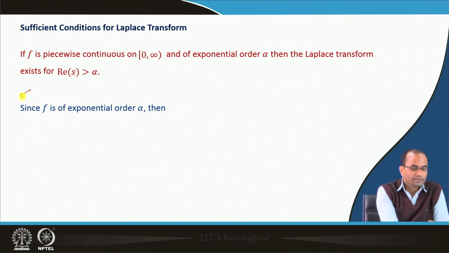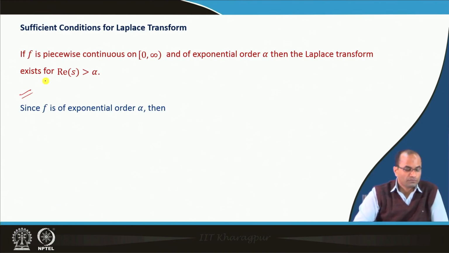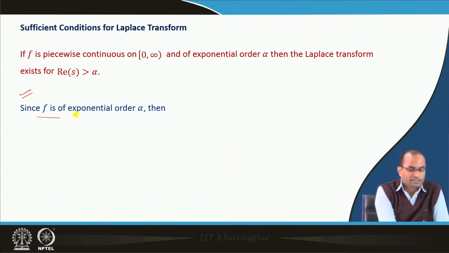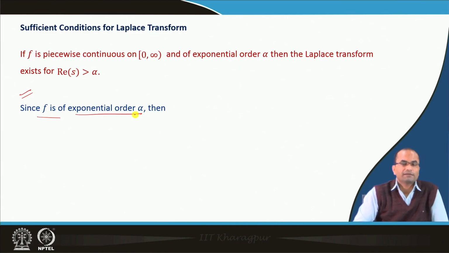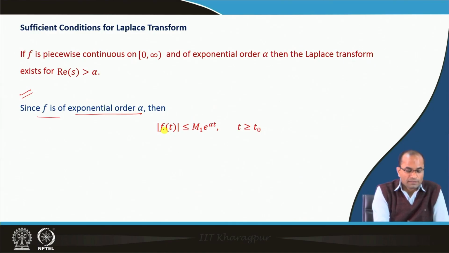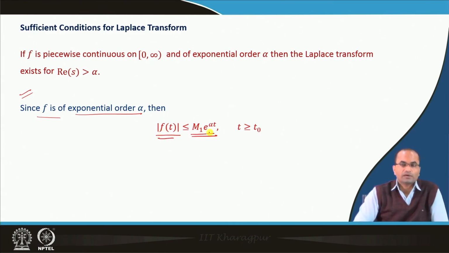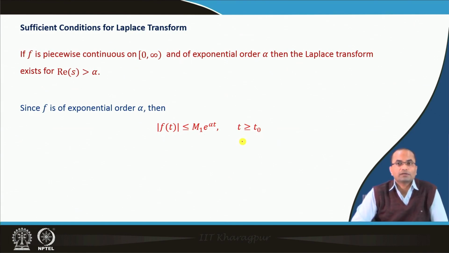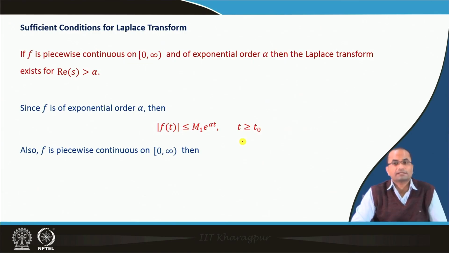And we can look at the short proof also. So, since this f is of exponential order alpha, and we know as per the definition what we mean by the exponential order alpha, that means this f t can be bounded by m 1 e power alpha t for t greater than some t naught. This was the definition of the exponential order, and the function is also piecewise continuous.